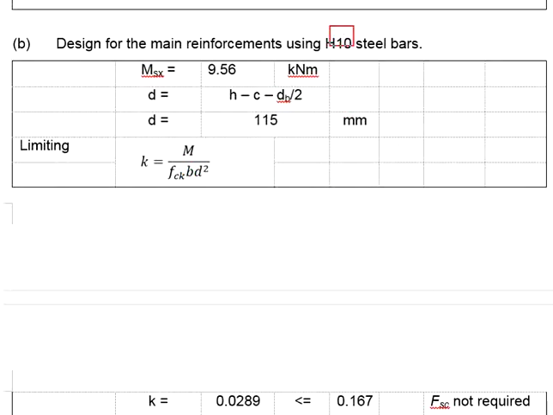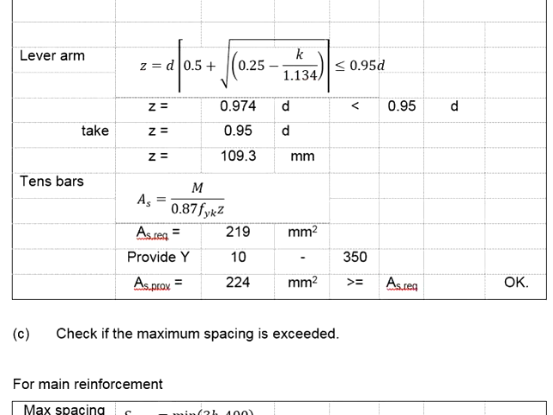Now when the size of the reinforcement bar is decided, which is 10 mm diameter, you can use the standard formula for a circle to determine the area of one reinforcement, which is pi r square. The pi r square represents the area of reinforcement for one steel bar.